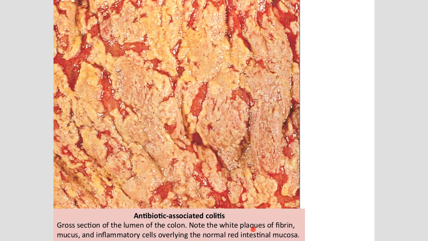That plaque is not a real membrane. It's a membrane on top of your intestinal mucosa, and it will be a challenge for us to remove these white clots of fibrin, mucus, and inflammatory cells. And that is called antibiotic-associated colitis, typically from Clostridium difficile.